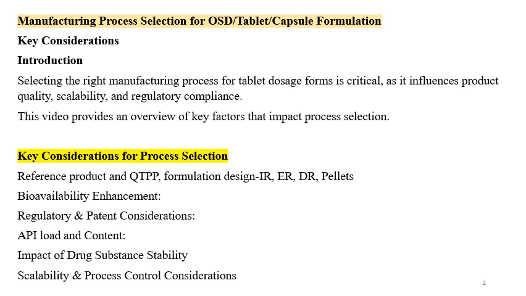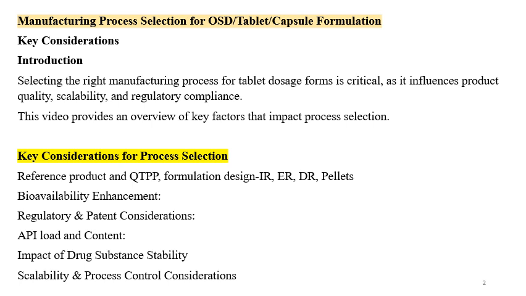Then whether the bioavailability enhancement or solubility improvement is required or not, that is important. If formulation contains BCS class 2 or 4 drug substance, then you may need some solubility enhancement. Then understand the regulatory and patent considerations, whether you are working on a formulation which is non-infringing or it is a hybrid type of formulation, whether it is an innovator formulation, new formulation, whether you are going to file the new drug application or ANDA or you are making the generic formulation.